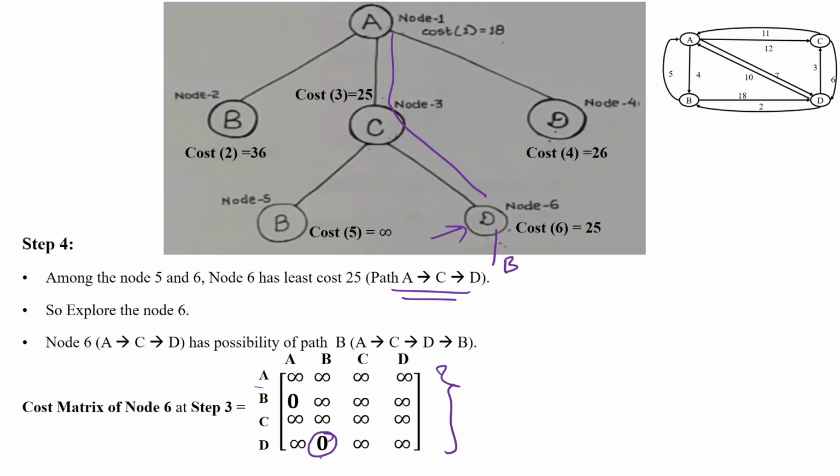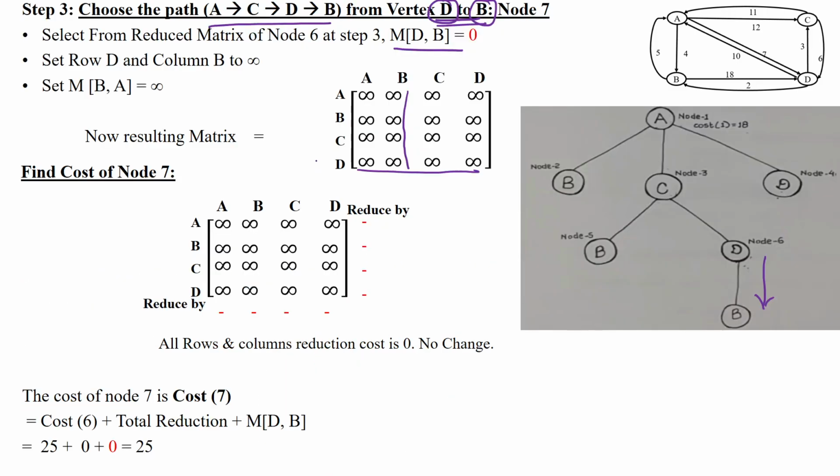Initially here you have 0, and this is the position. Now we are making that column and row infinity. Then M of b comma a should be made infinity, because after reaching here, the second time you should not visit a. So we are making that position infinity.